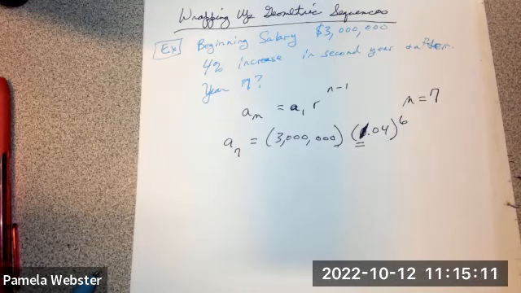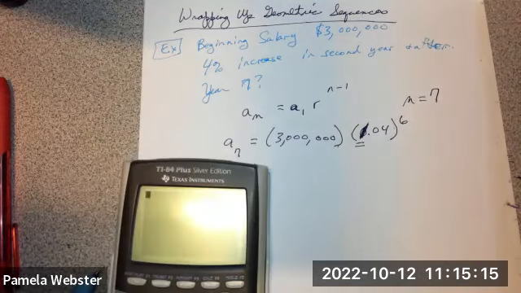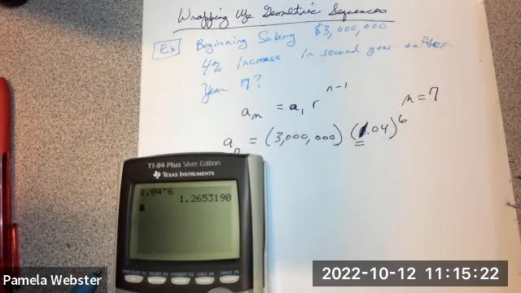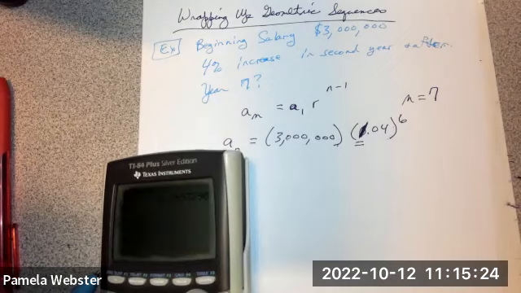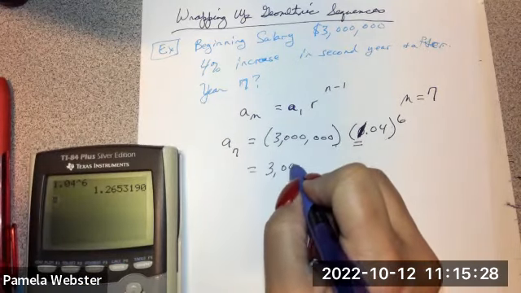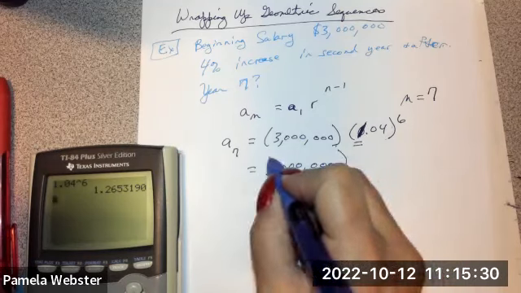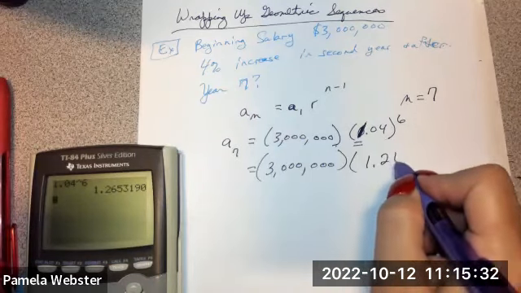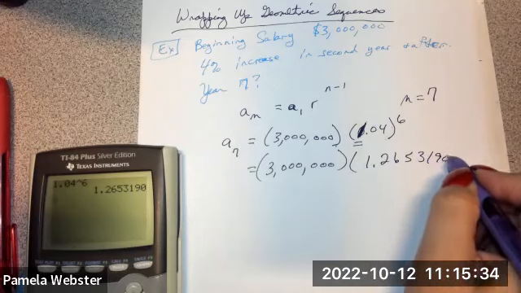All right. So now I should be able to do this. It's the 1.04 raised to the 6th power. Now, that is not lovely. It's 1.2653. We're just going to keep that whole decimal in our calculator so that we can remember it. I don't want any rounding errors early on.